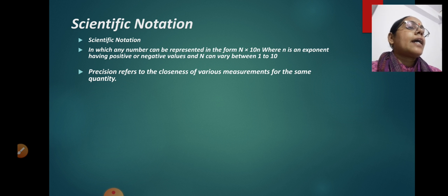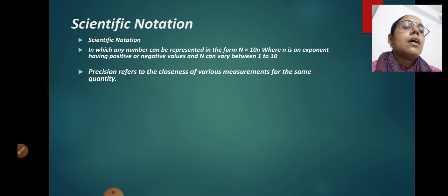Like there are 5 students who are measuring the same quantity, and they are getting almost the same answer, like 3.1, 2.9, 3.0, 3.11. So these are all approximately the same, nearby to each other, so these will be referred to as precision.